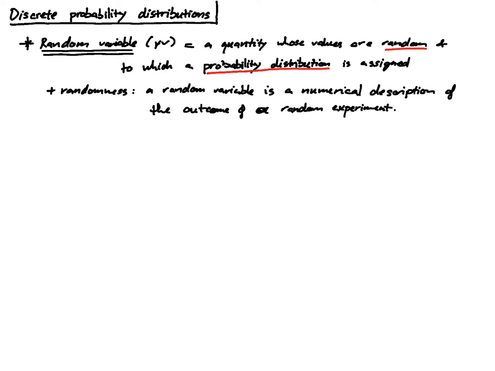Okay. So what does this mean? Think about the die rolling experiment, right? Before you roll the die, you don't know exactly what you're gonna get, except for the fact that it's a number between 1 and 6, right? So in a sense, the value that you get is random.